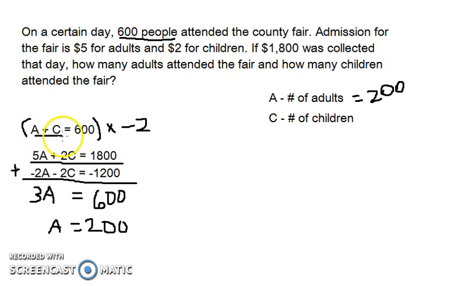This one probably would be the easiest, and plug that 200 in for the a. So you get 200 plus c equals 600, and you solve for c, and you get 400. So the number of children that attended the fair that day was 400.